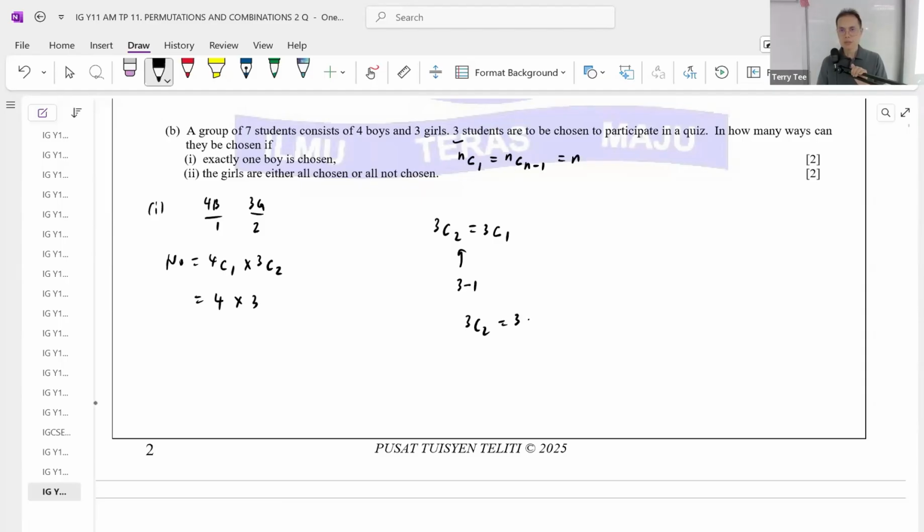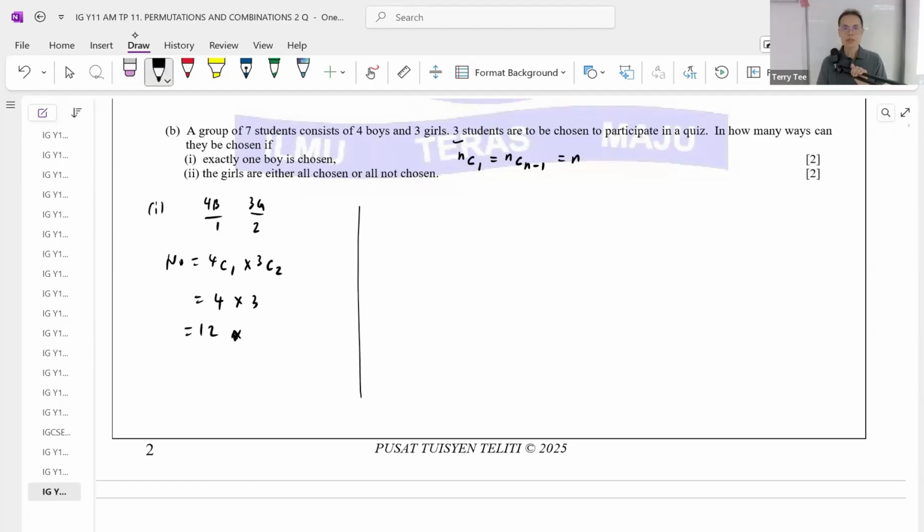So we know they are both the same, they are all 3. So the answer is just 12, right? Like I say, all this should be done without using a calculator.